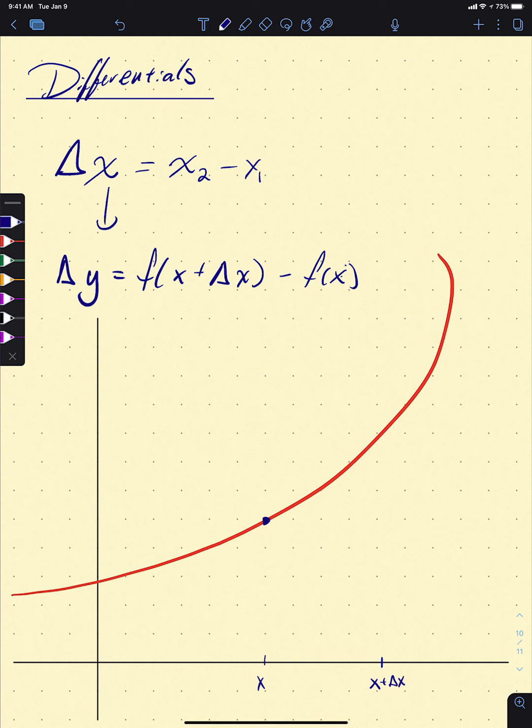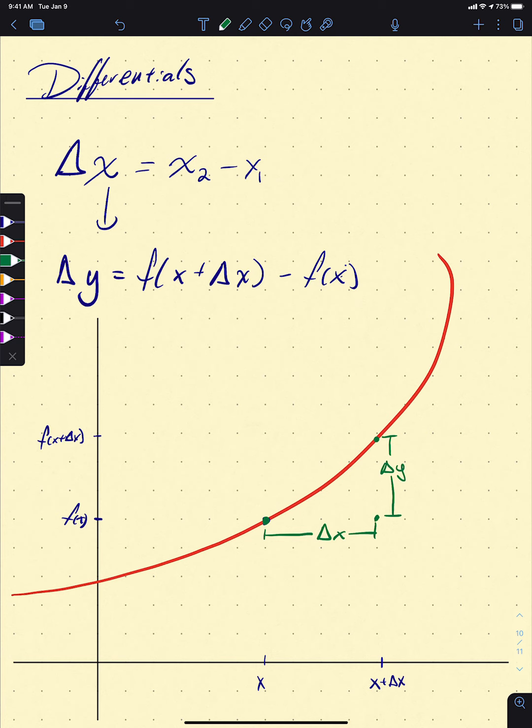This is going to have some function value f of x, and right here is going to be f of x plus delta x. Putting a little more information here, we have this, this, and this. This quantity here is delta x, and this quantity here is delta y.